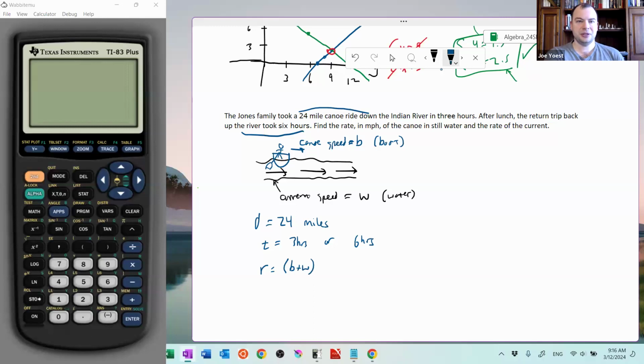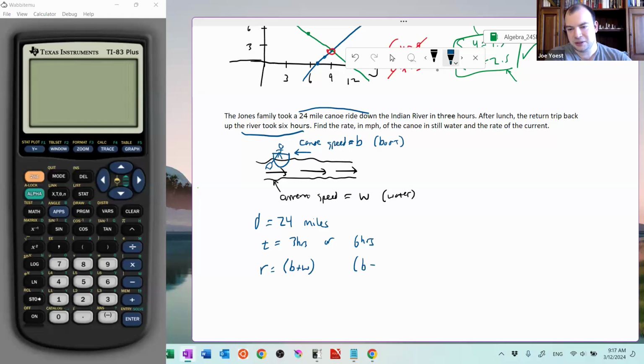When they're going against the current, they're fighting against the current. That's when it's going to take them longer to cover the same distance. Let me take a smaller eraser here. When they're going against the current, their speed B is going in one direction, but the water is trying to push them in the other direction.